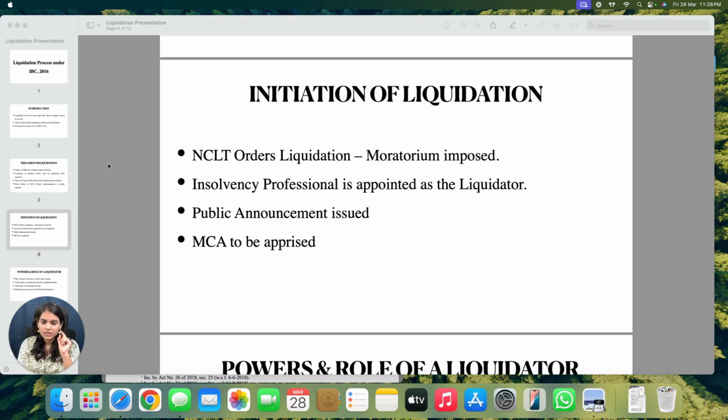If the IPE or directors or the liquidator has currently or previously had any pecuniary relation with any of the stakeholders, such relation must be disclosed to the adjudicating authority and the Insolvency and Bankruptcy Board.